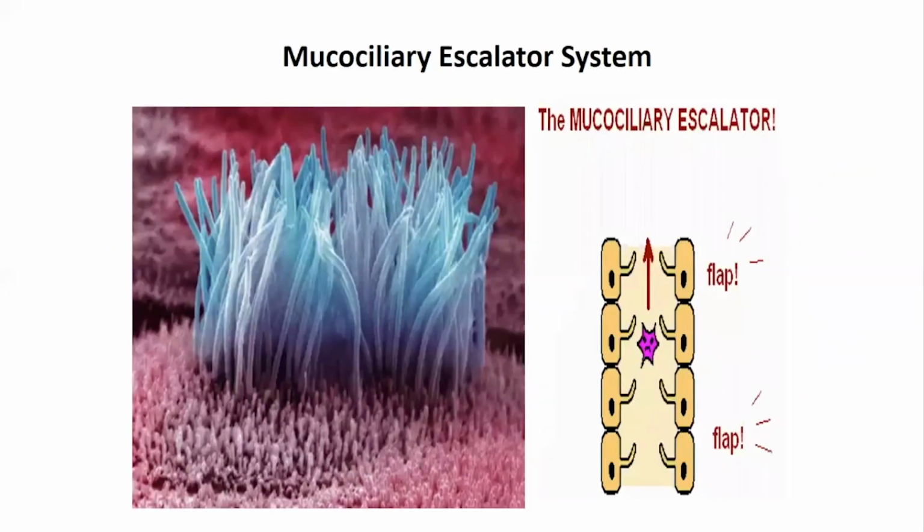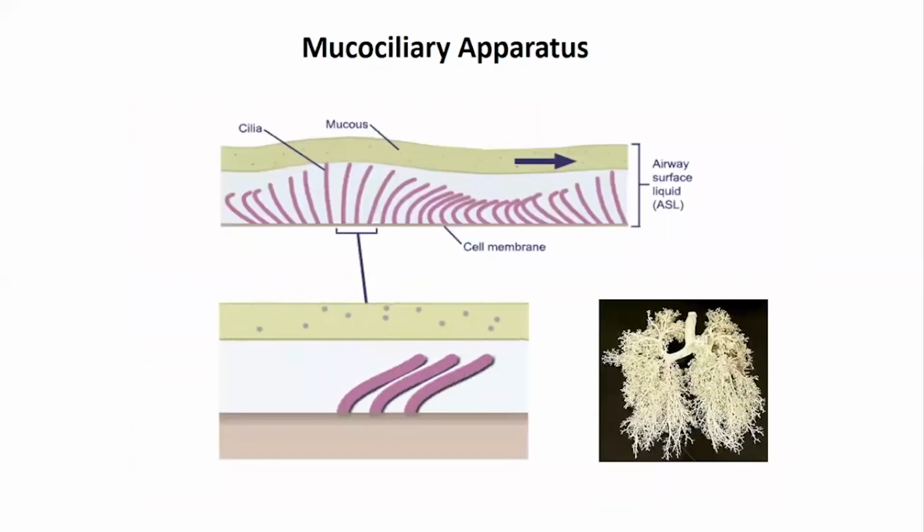We also have different protective mechanisms, one of which is what we call the mucociliary escalator system or the mucociliary apparatus. The purpose of this apparatus is to remove the secretions from the periphery or the smaller tubes of our lungs to the bigger tubes so that we will be able to expectorate them.